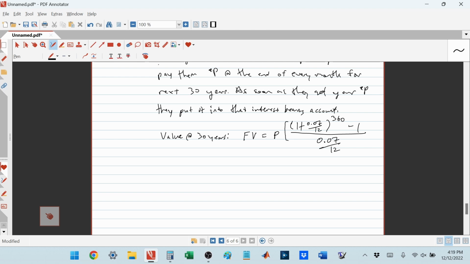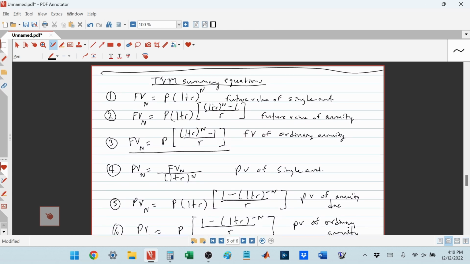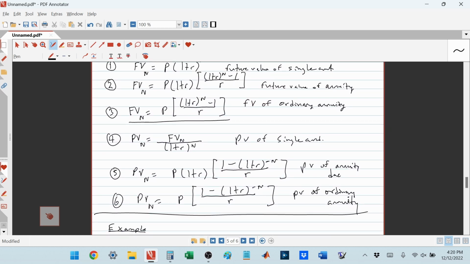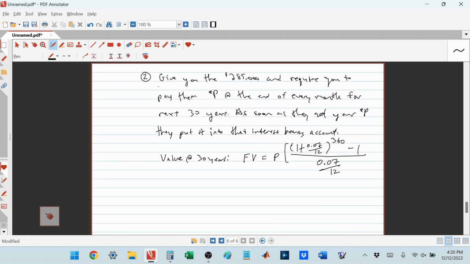Keep in mind that R in the formula is the interest rate per compounding period, and N is the number of compounding periods. In this problem, N is equal to 360, because interest compounds once every month, and there are 360 months in 30 years. And the interest rate per compounding period is 0.07 divided by 12, because the annual interest rate is 7%, so the monthly interest rate is 7% divided by 12.